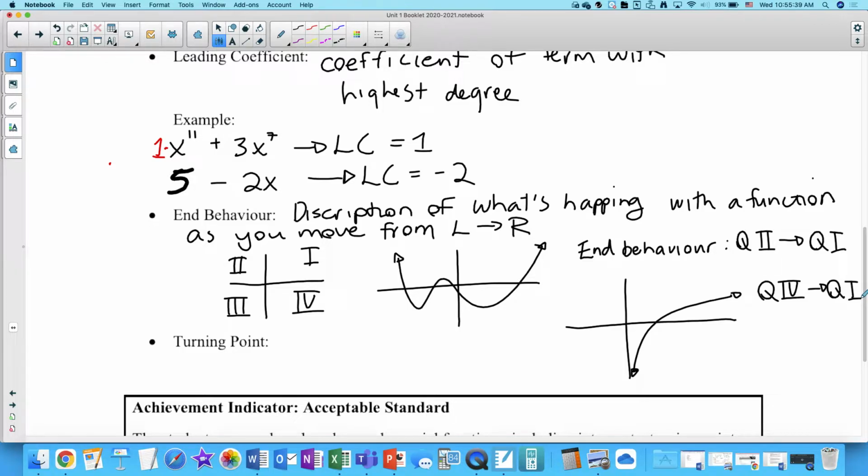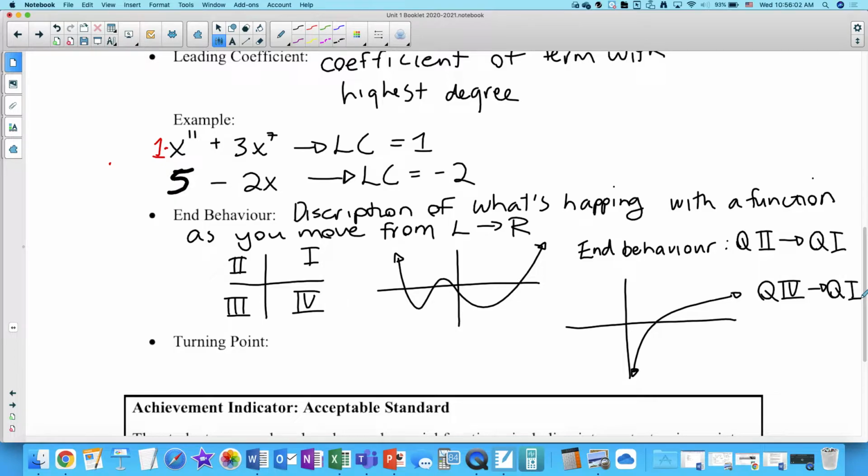Oftentimes, if it ends in quadrant 1, it's increasing. If it ends in quadrant 4, it's decreasing. Okay? But actually, there are exceptions to that. Which is why it's really crystal clear if you just use the quadrant thing rather than start to play around with writing an essay about what this thing looks like. Okay?